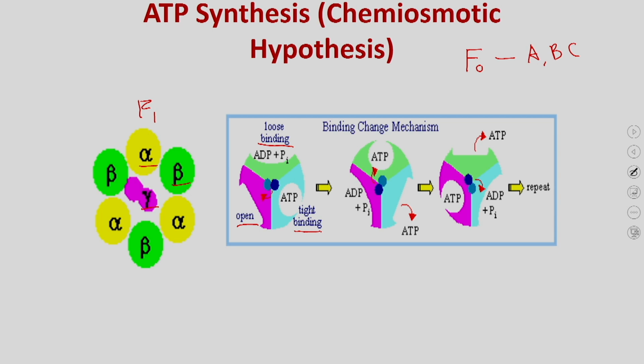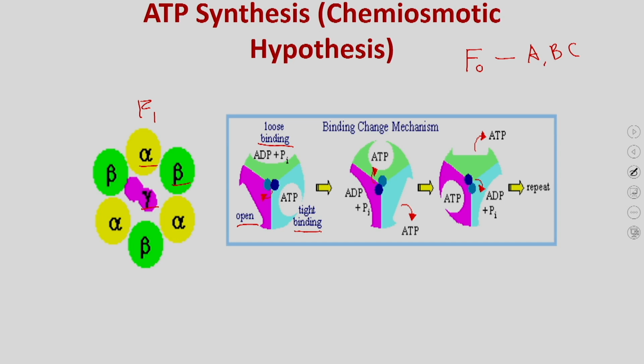Once they bind in a tight conformation, the coupling reaction takes place between the ADP and Pi, and they get combined and it generates the ATP. So, in the tight conformation, the ADP and Pi get combined to each other and generate the ATP.